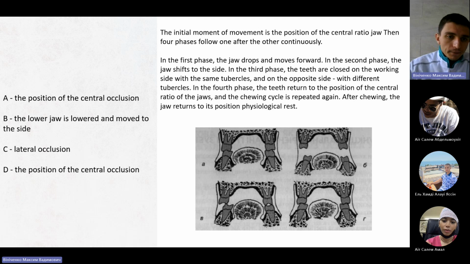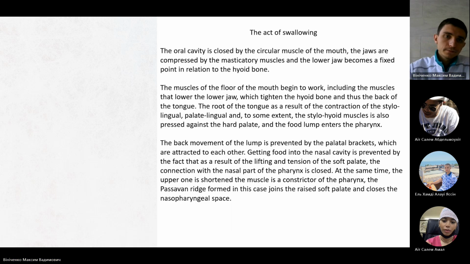So we could see here, these tubercles are the same, but these tubercles, they are different. In the fourth phase, the teeth return to the position of the central relation of the jaws, and the chewing cycle is repeated again. After chewing, the jaw returns to its position of physiological rest.